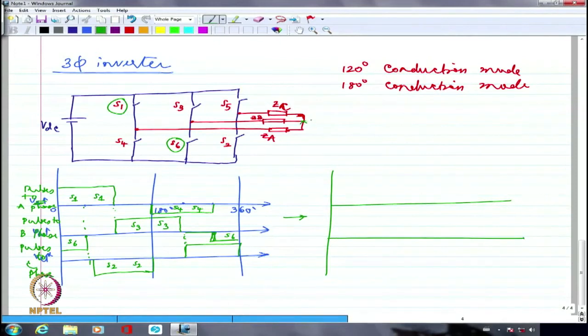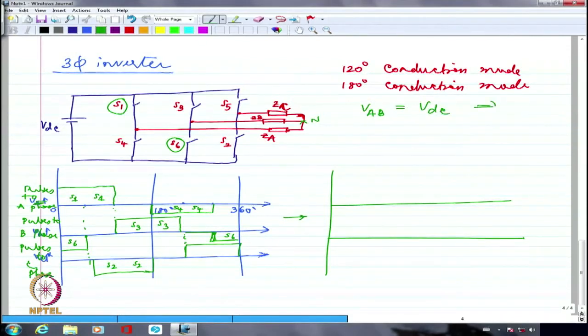With respect to neutral, I have to see what is the voltage across each of the loads. Right? That is what will give me exactly the phase voltage of the load. We are looking at the phase voltage of the load. So when S1 is conducting, I am going to have S1 and S6 conducting, I am going to have VAB equal to VDC.